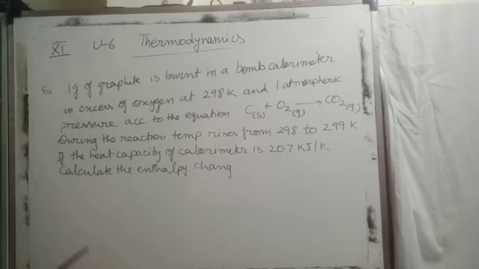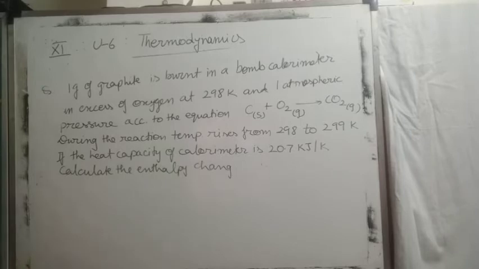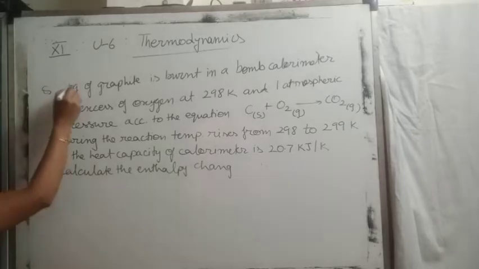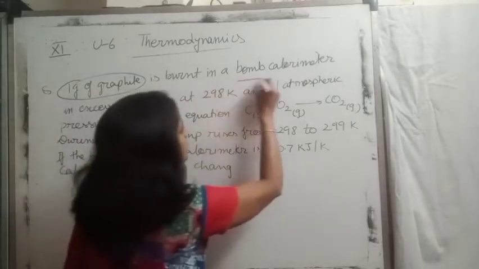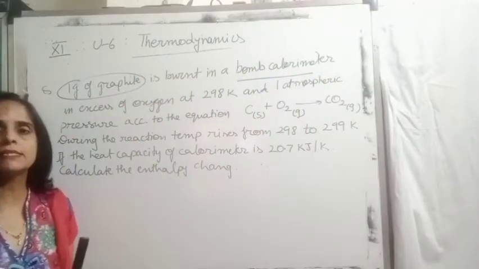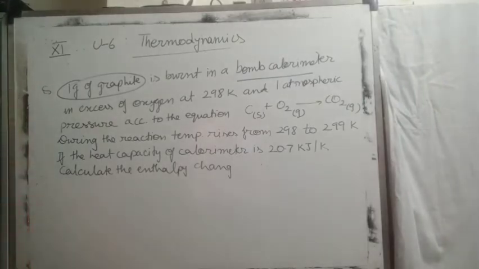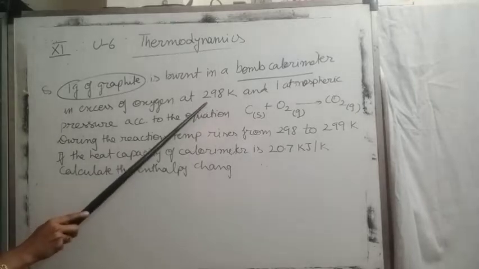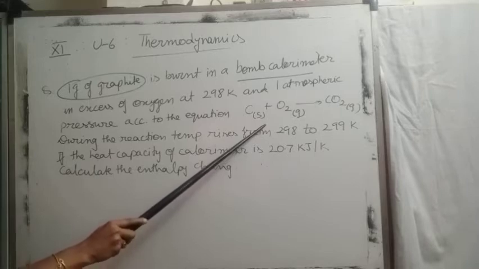Now let us discuss this question. 1 gram of graphite is burnt in a bomb calorimeter. So mass of sample is given, 1 gram of graphite. Burnt in bomb calorimeter means this is the change of internal energy or heat at constant volume. In excess of oxygen at 298 Kelvin and 1 atmospheric pressure according to this given equation.